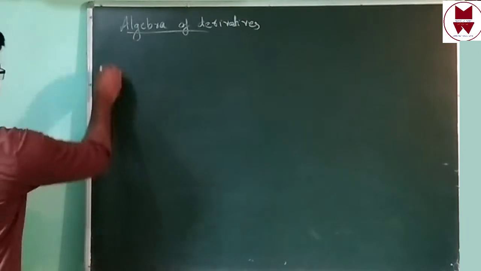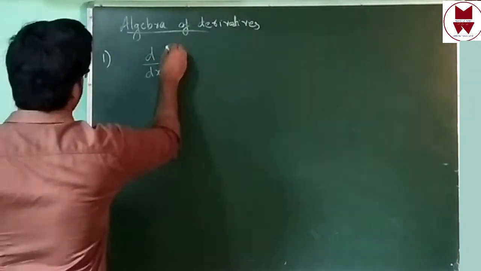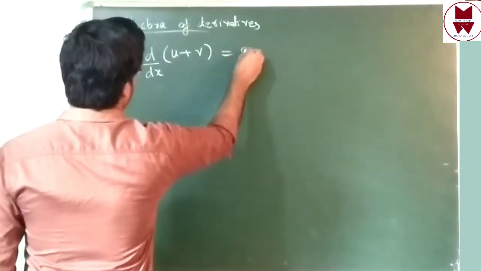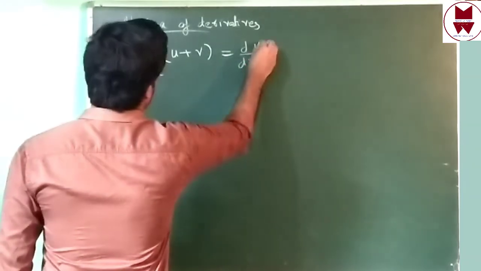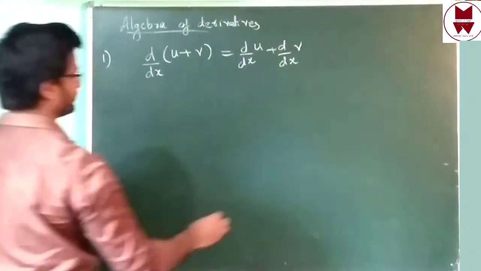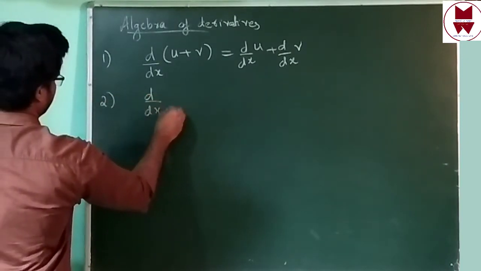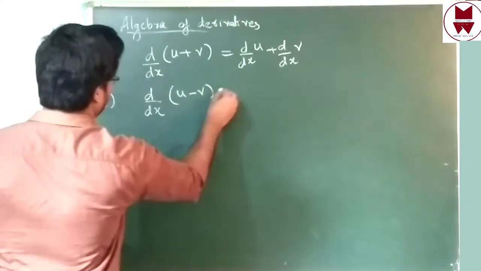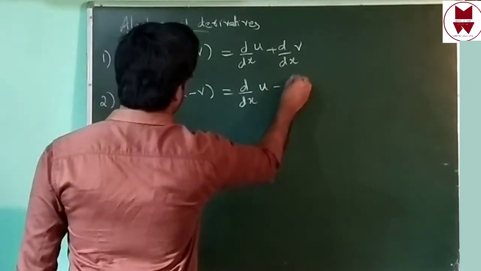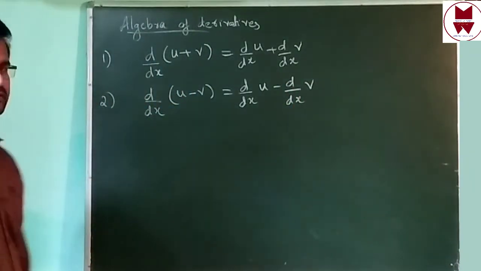D by dx of u plus v, we can write as d by dx of u plus d by dx of v. Then next, subtraction. D by dx of u minus v, we can write d by dx of u minus d by dx of v.